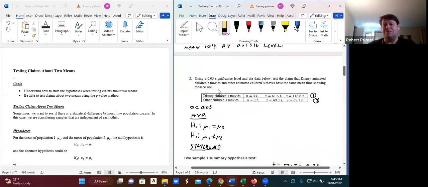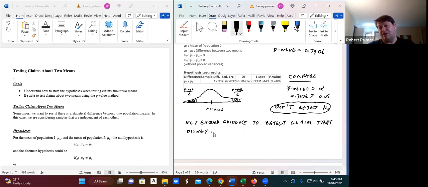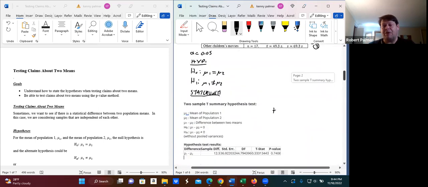So the claim that Disney animated children's movies and other animated children's movies have the same mean time showing tobacco use: there's not enough evidence to reject the claim that Disney and other animated children's movies have the same mean time showing tobacco use.